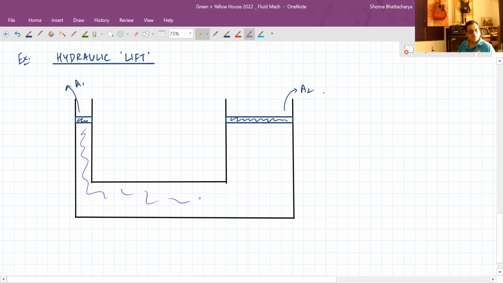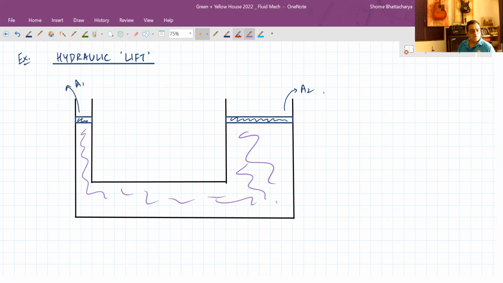There is some nearly ideal fluid over here. So if a force F is applied over here, it will be able to balance and lift. So if we use this force to push down this piston, it will be able to push up this piston, which is balancing a heavy load in comparison.